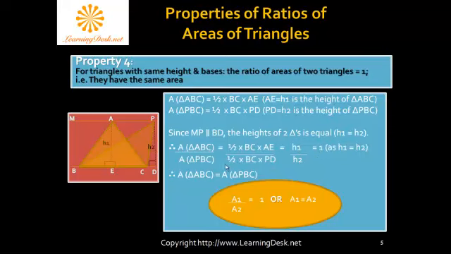So that means the area of ABC divided by the area of PBC is nothing but 1, which means that the areas of both the triangles are the same. So this is the fourth property. If you have a common base and a common height, or the same height and the same base, then the areas of the two triangles are the same, which is pretty obvious in this example.